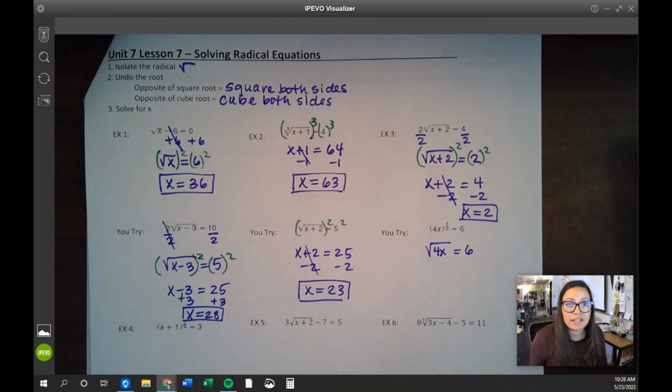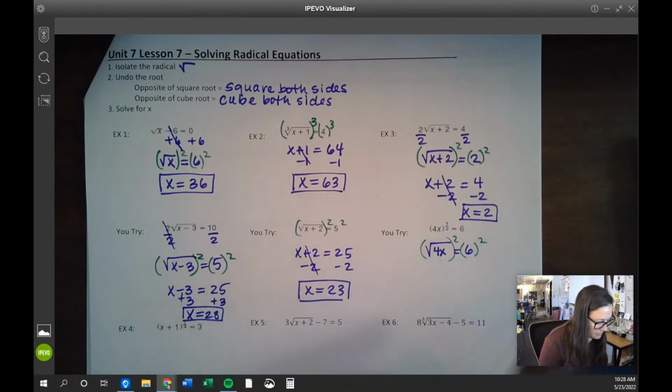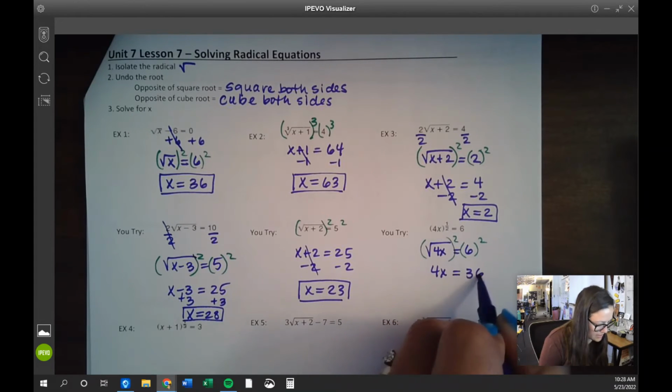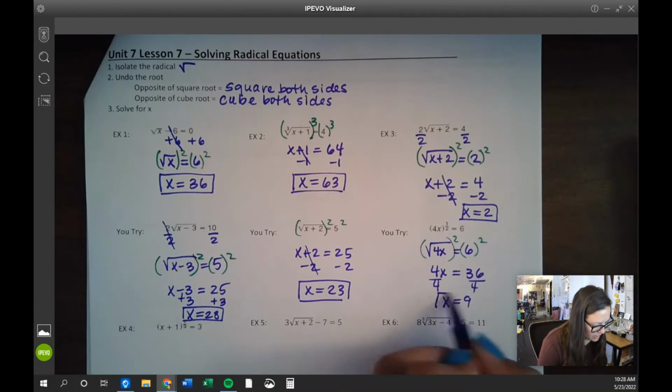And now that I have it written like that, hopefully if you were stuck on it, you now very clearly see what to do. And the answer is to square both sides. We get 4x equals 36. And then divide by 4. We get x equals 9.